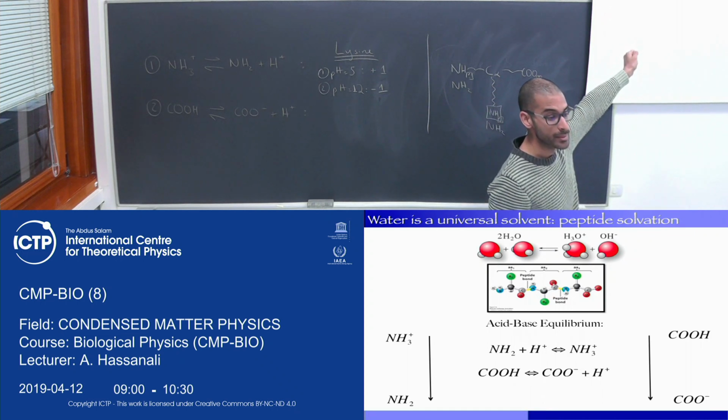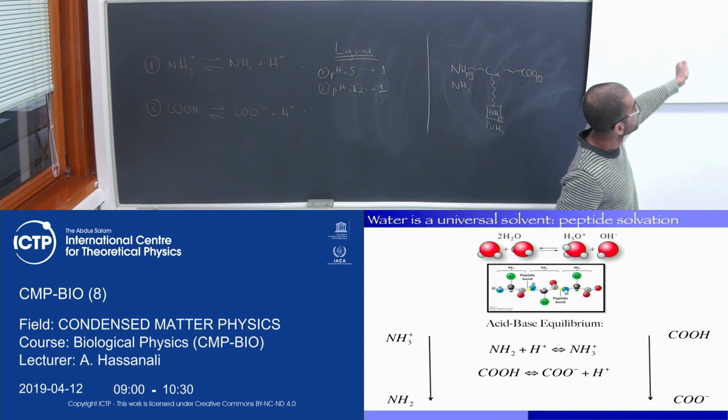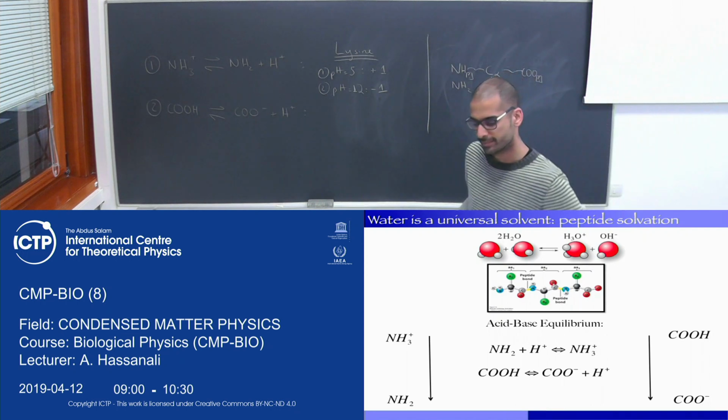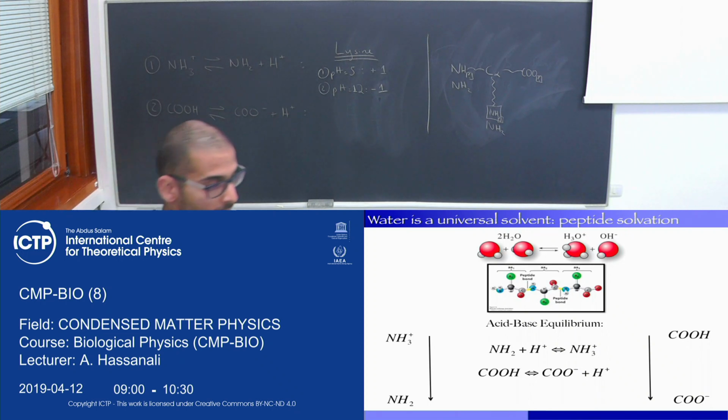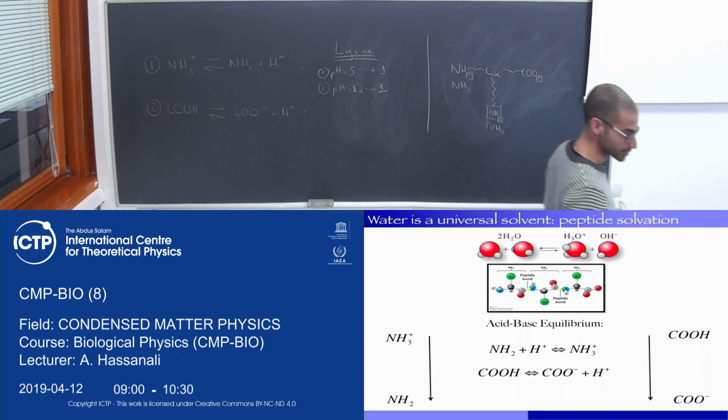Okay, so water is also unique because there's this acid-base equilibrium. So it's able to generate protons and hydroxide ions. This is what causes pH. This is what can change electrostatics of biological systems significantly.